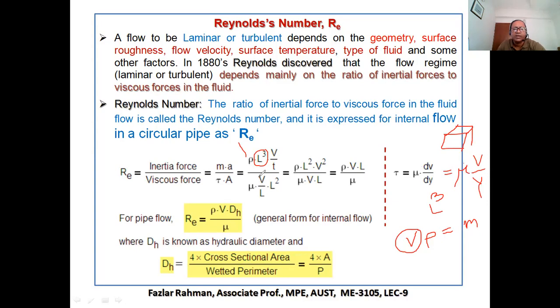So instead of y, we just put L. And what is the unit of area? Meter square, feet square, so we can put L square.